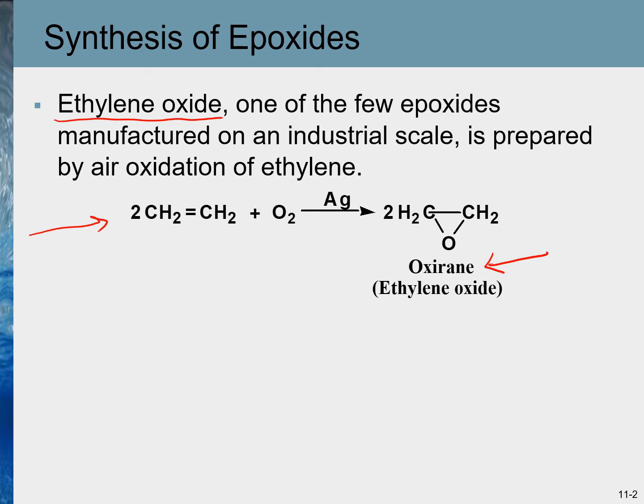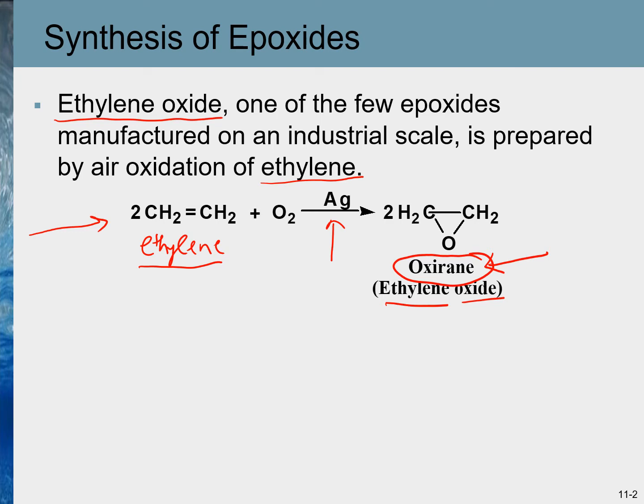The common name for ethene is ethylene, so based on that, the common name of oxirane is ethylene oxide. This reaction takes place in the presence of silver metal as a catalyst, and this method only works for the synthesis of oxirane. Other epoxides cannot be prepared by this reaction scheme.